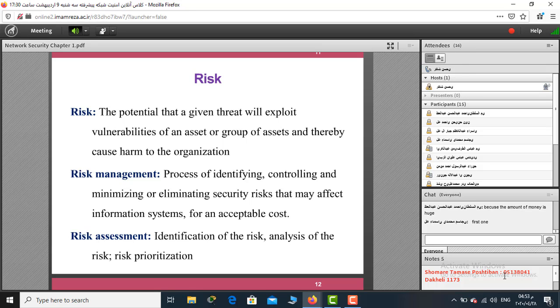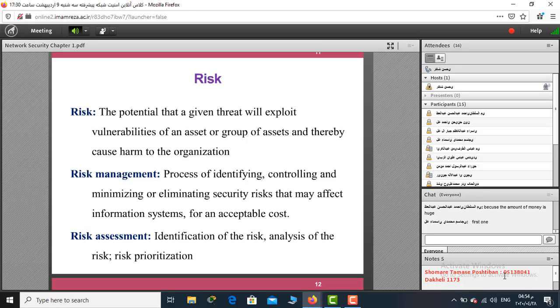For example, we may think that there is a very, very low probability that our system is under such an attack. But we think if this attack is done, our very important and sensitive information will be damaged. So the risk is still high because our information is very important for us.